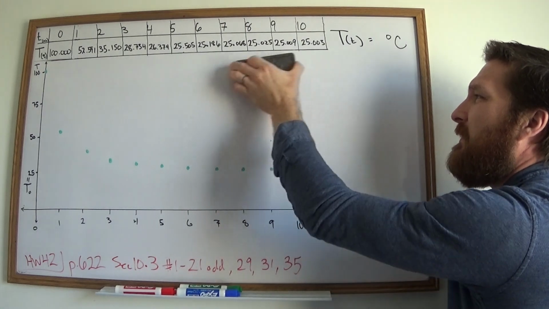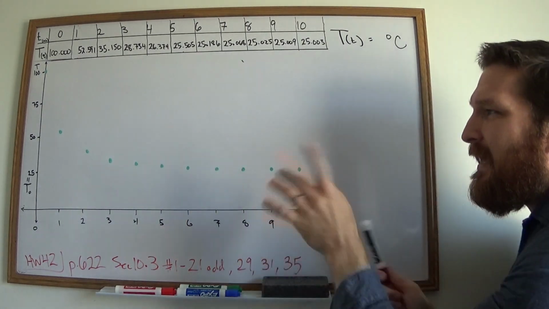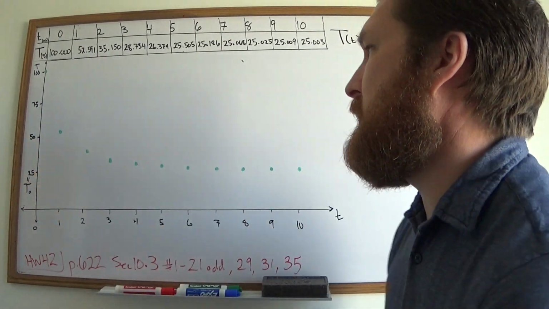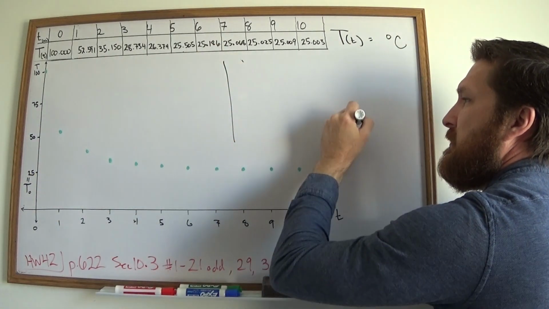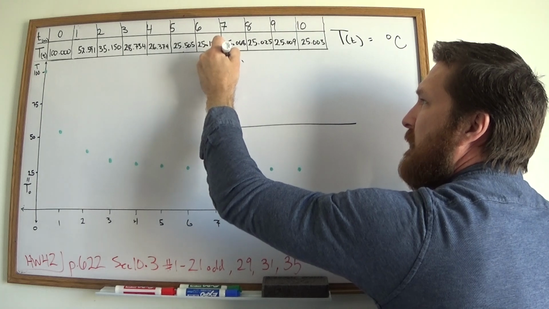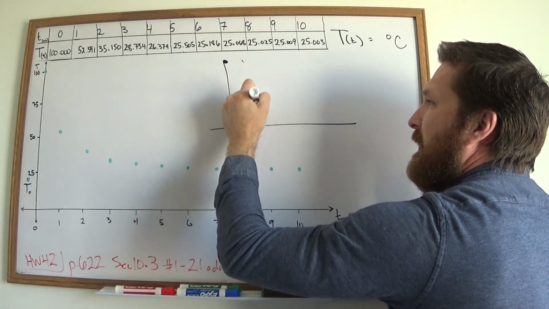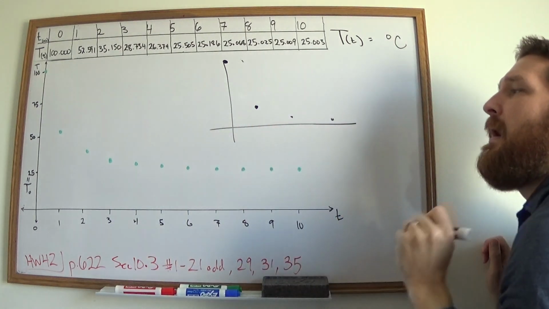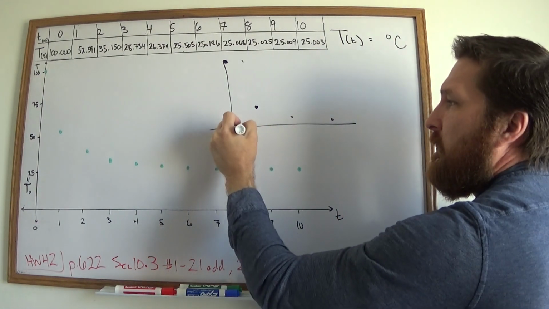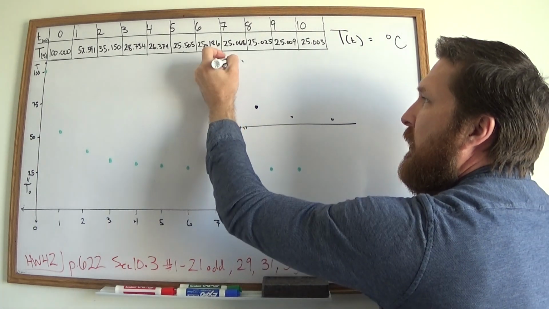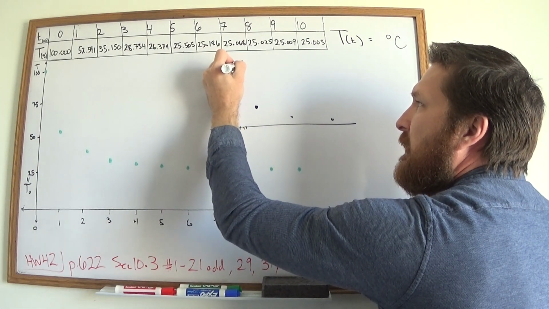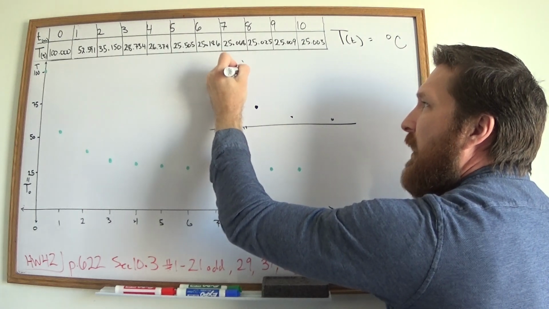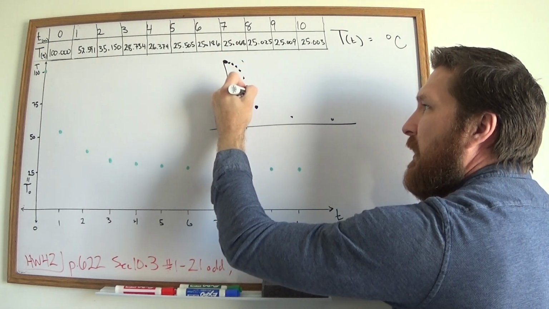Maybe it's something different than that. Maybe, who knows, if we took more data points. Right now we have a data point here, a data point here, I'm going to exaggerate it, and then some down here. Maybe if we took more data points in between, we'd find that it's flat for a little while and then starts to go down.